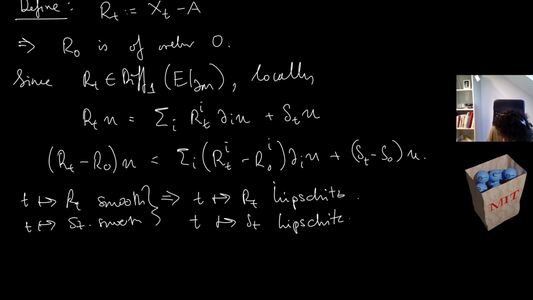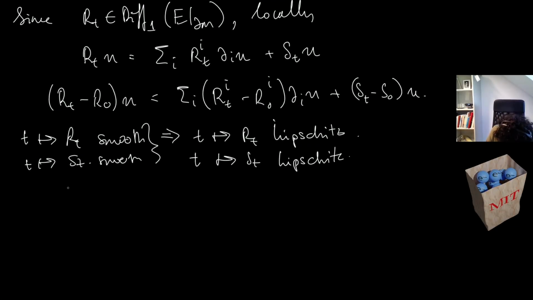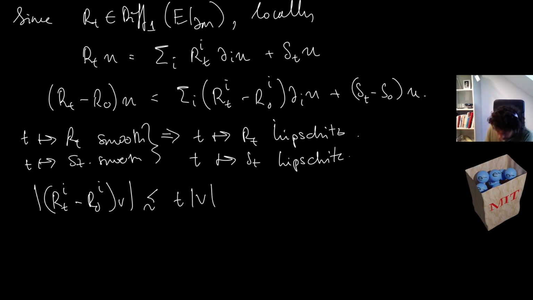So these two things imply this, okay? So that means that R_t^i minus R_0^i acting on some V, we have some constant and this is going to be bounded by t times V, okay? Because it's Lipschitz in the time direction. Yes?